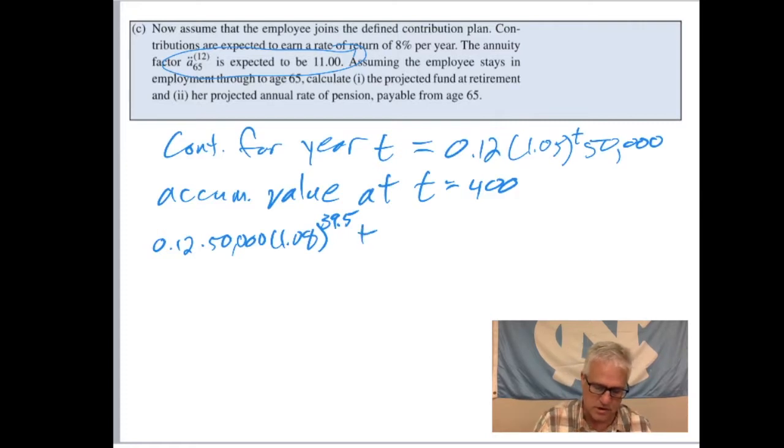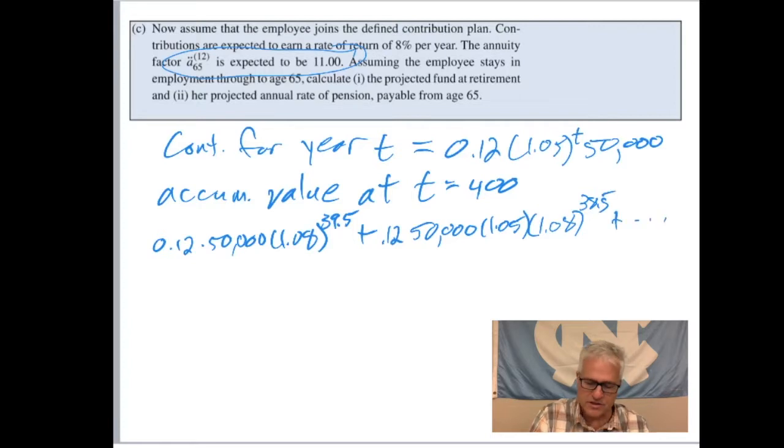Okay, a common assumption. And then the next year's deposit contribution will be 12% of 50,000 times 1.05 because the salary has increased, but it's going to accumulate for one fewer year, 1.08 to the 38.5. Okay, and so on.